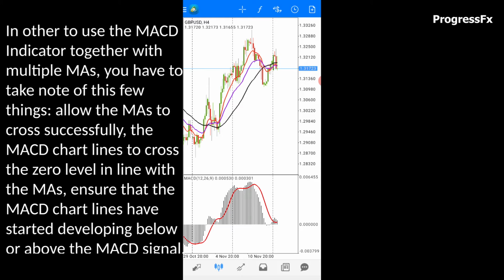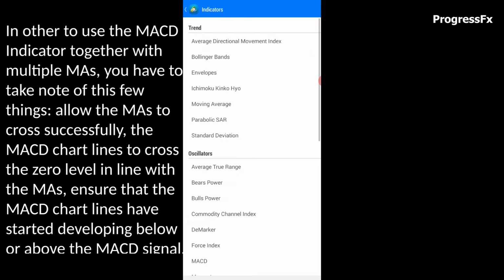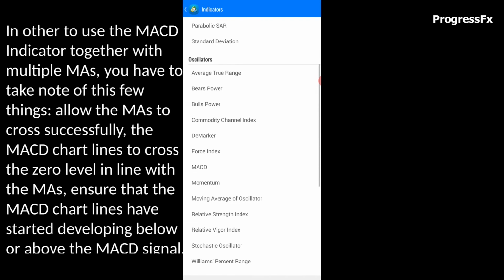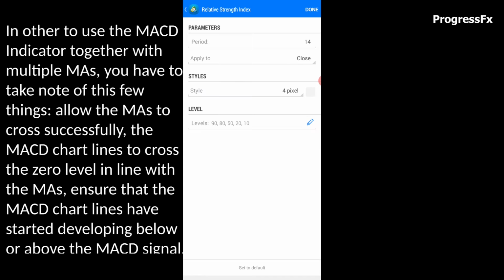So in order to find this basic thing which I want you to know in this particular strategy, we have to add either relative strength index or stochastic, which will allow us to set the levels. You go to F key and this time around come down to indicator window 1, then come down to oscillators at the same time and select relative strength index.